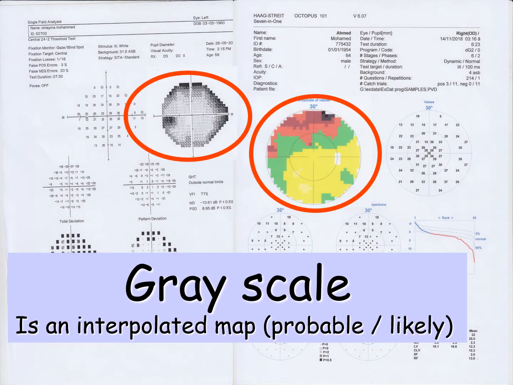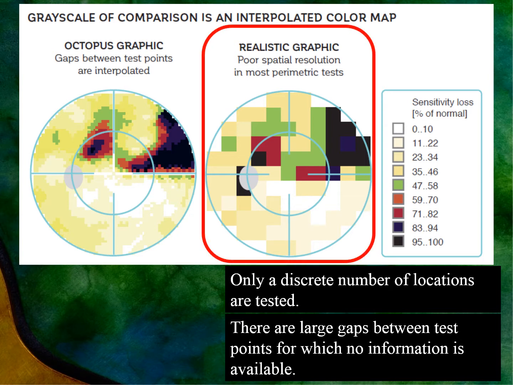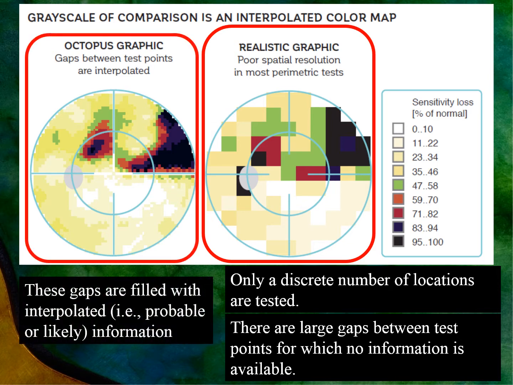Grayscale is an interpolated map. It's a probable or likely map. Only a discrete number of locations are tested. There are large gaps between tested points for which no information is available. These gaps are filled with probable or likely information.